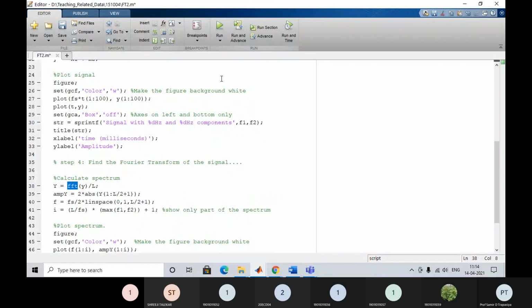We have to give the signal which is in the time domain. So here we give y as the input of this FFT, which is a time domain signal, and then FFT will convert it into a frequency domain version and assign that as capital Y. So small y is considered as g of t, the time domain version of the signal, and capital Y is considered as g of f, the frequency domain version of the signal.